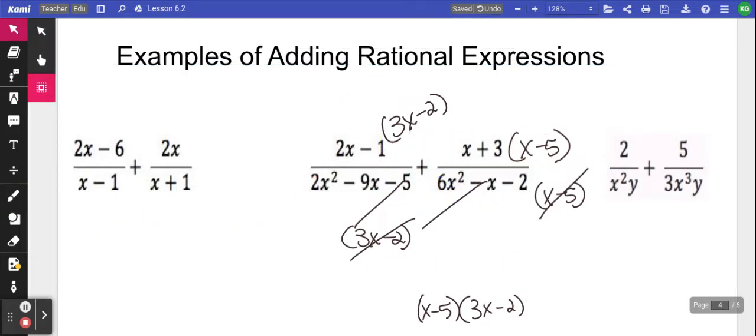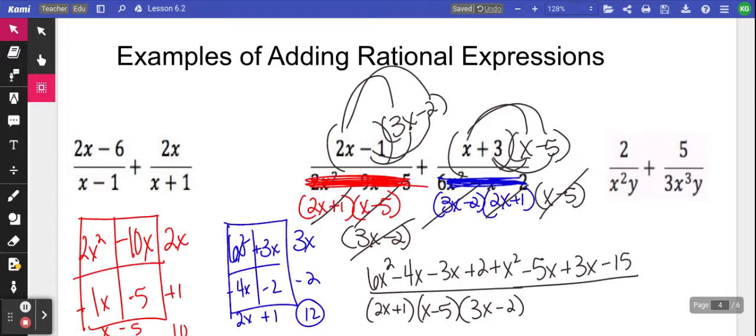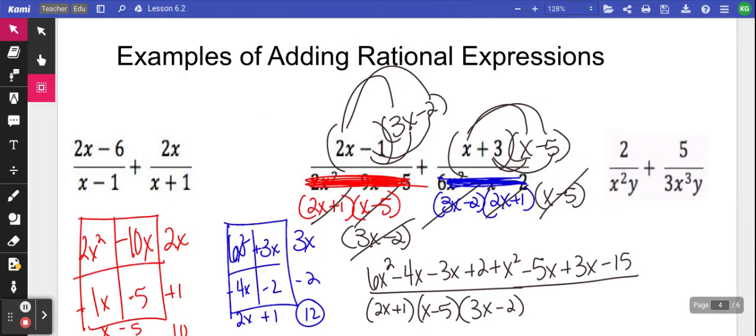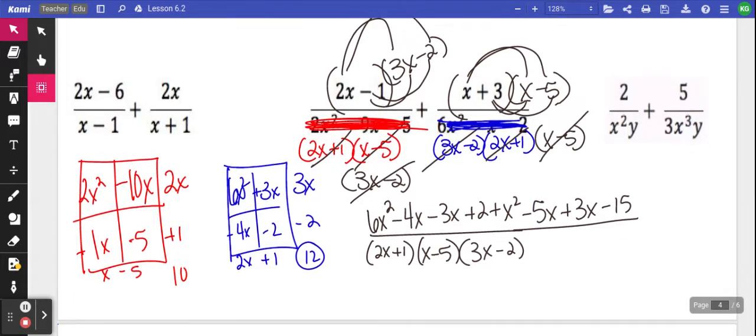Oh, shoot. I just want to get rid of these. I want to get rid of all that. Need more room.